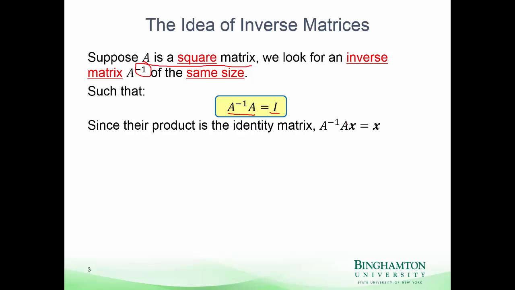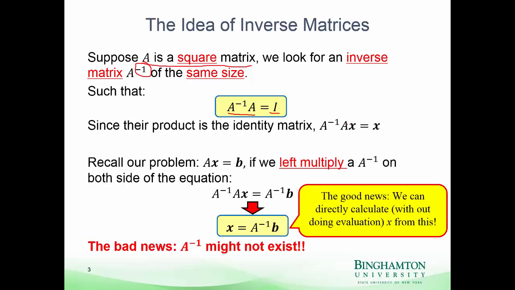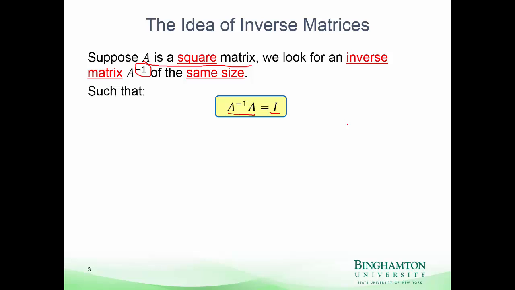And actually it has to work the other way too. I should really say A times A inverse also equals the identity matrix. So you do need it to work in both directions.